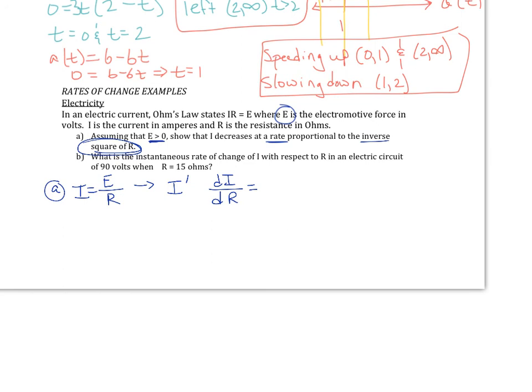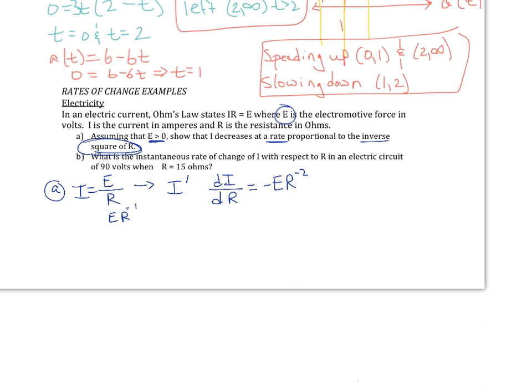So I take this derivative, and I will get negative E R to the negative 2. You could do it as E is a constant, change this to E R to the negative 1, and then take that derivative. That's what I did there.